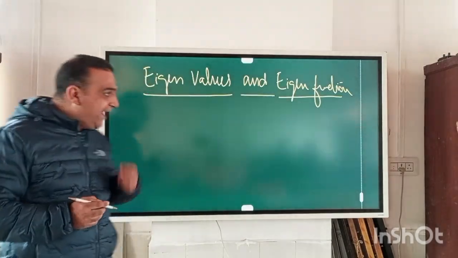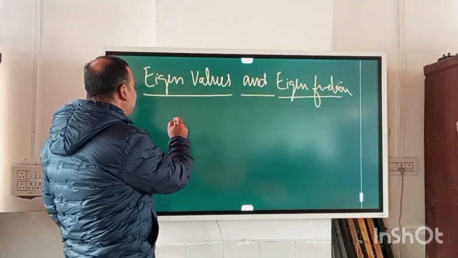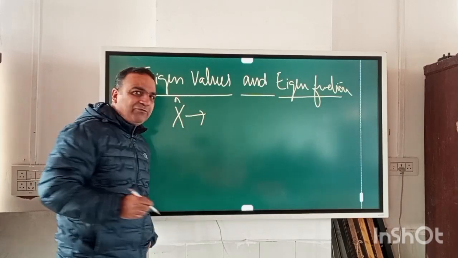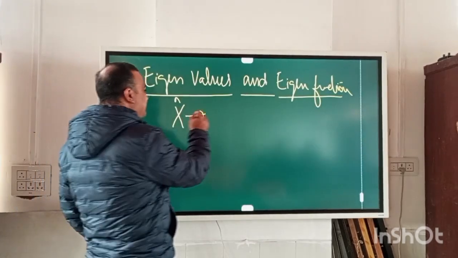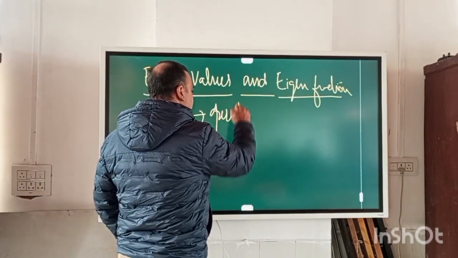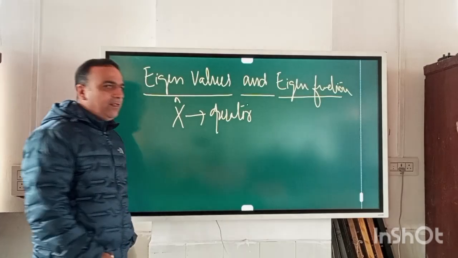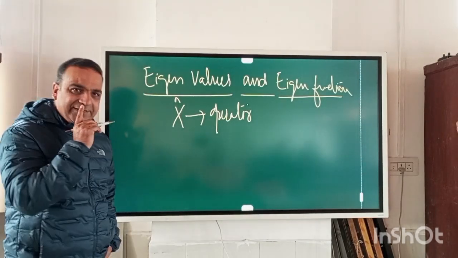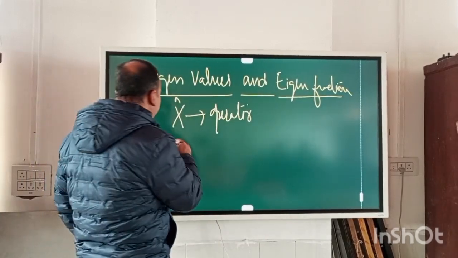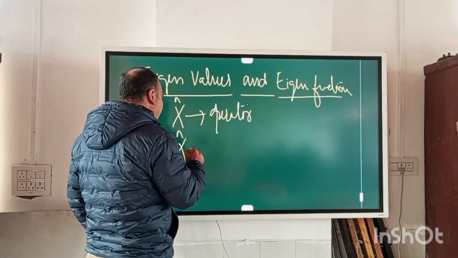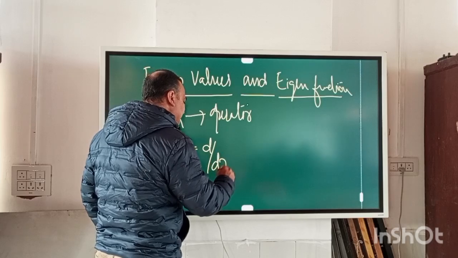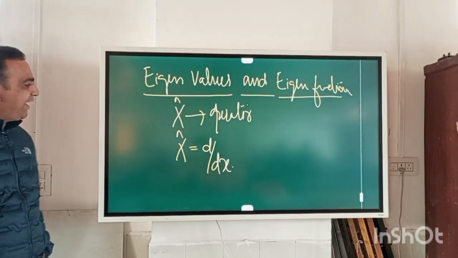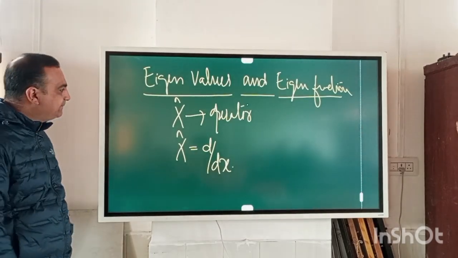So if I take my operator as, say, x cap, a generalized operator, so x cap is an operator. Now, say for example, I define this operator as d by dx. This operator I choose as d by dx.